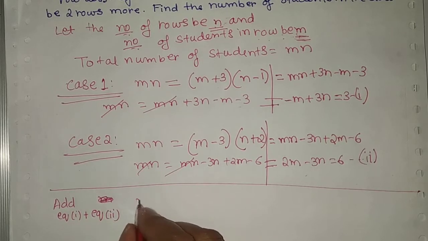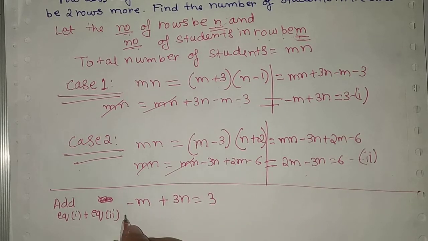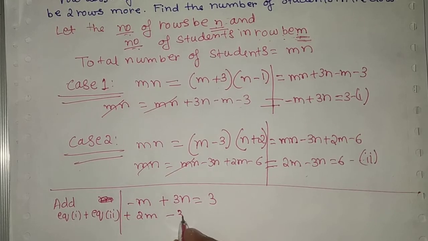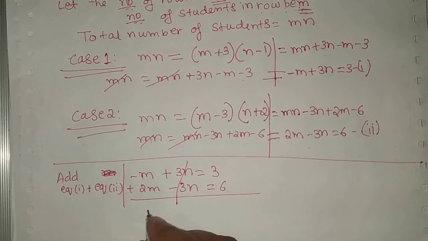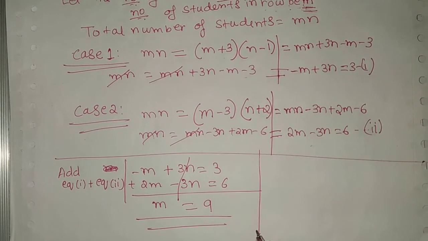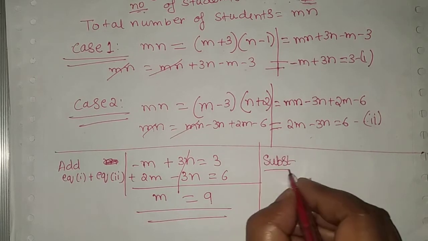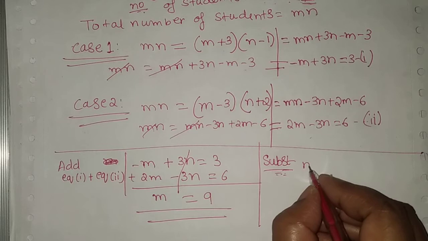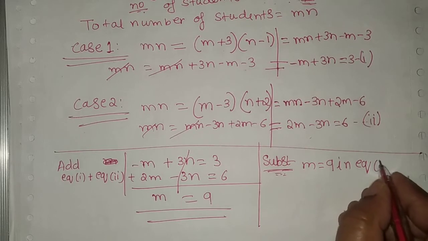Take minus m plus 3n is equal to 3, plus 2m minus 3n is equal to 6. Adding these two, the n terms cancel, and m is equal to 9. Now we substitute m is equal to 9 in equation 1.